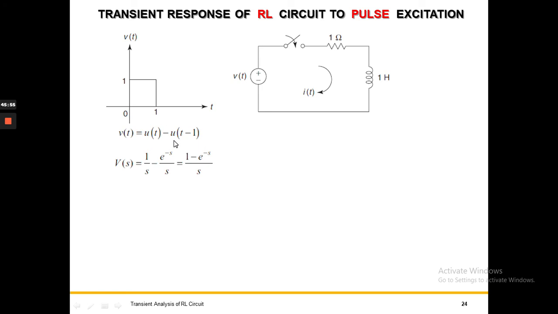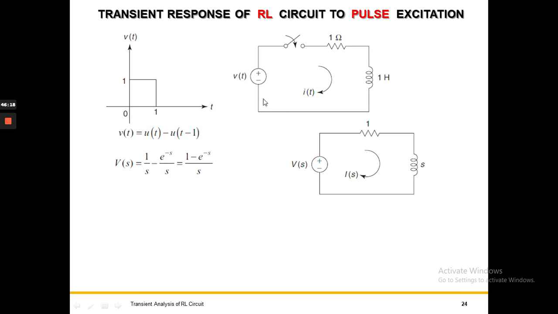Taking the Laplace transform, the transform of the unit step function is 1 by s, and for the shifted function it is F of s into e raised to minus as. Here a is 1, so the shifted transform is 1 by s into e raised to minus s. This is the Laplace transform of the unit pulse.